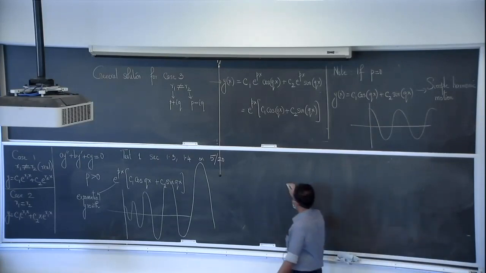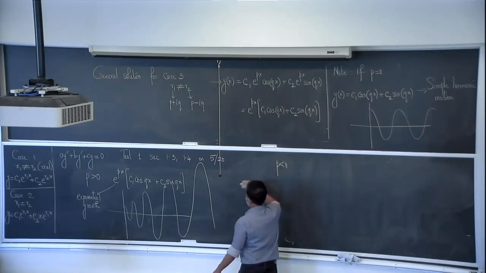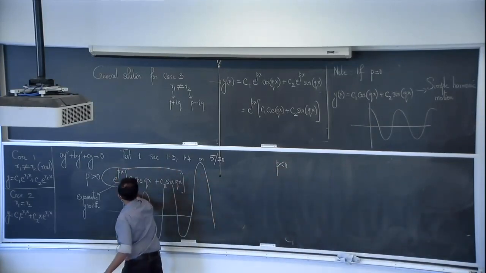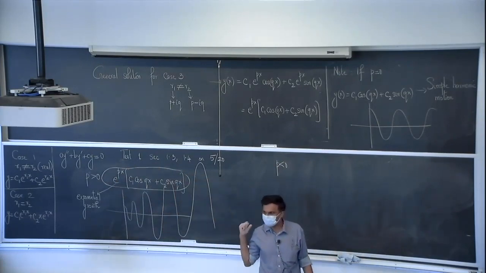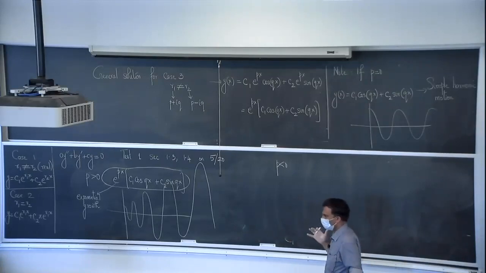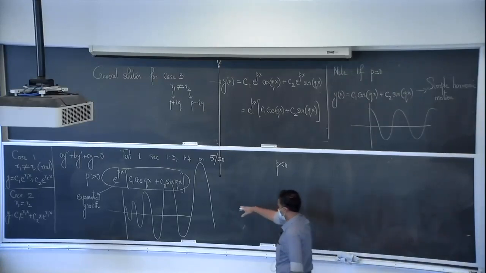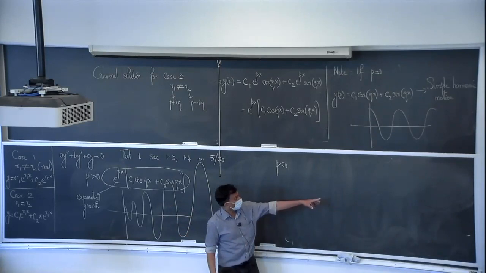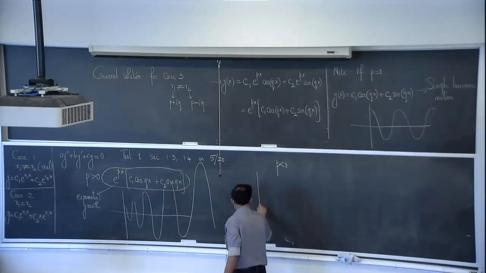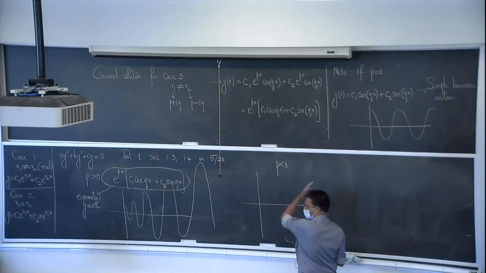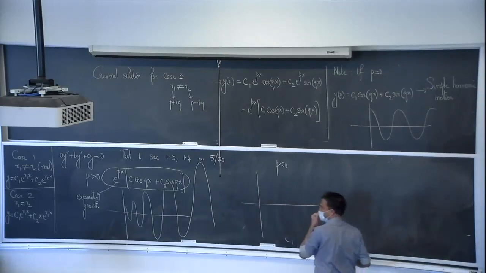And if p is less than 0, the same solution, what do you think the graph would look like at this point for p less than 0? Any guess? This is a graph for p greater than 0. That was for p equal to 0. Yes, it becomes smaller in size. Instead of exponentially growing, it's going to exponentially decay with respect to time.